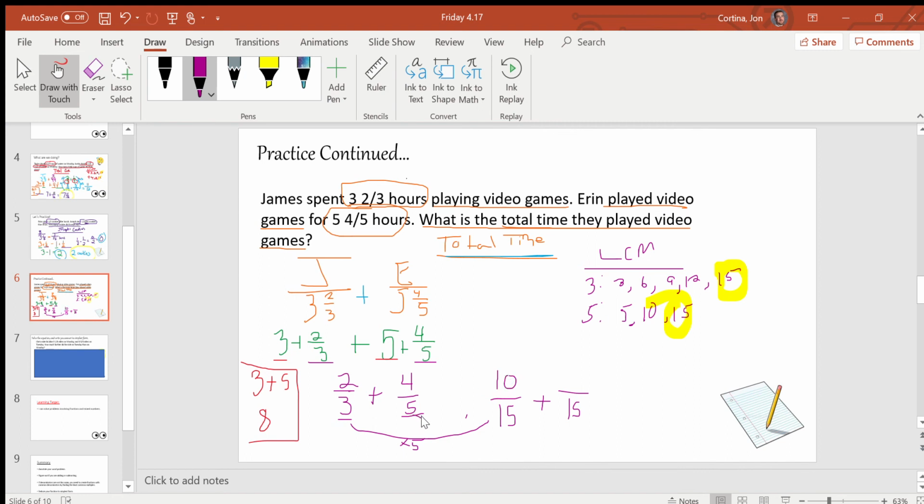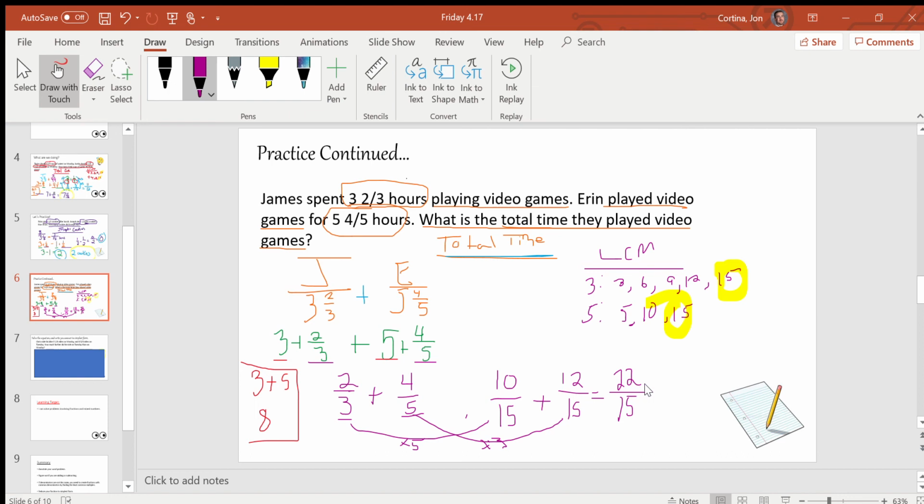How do we get from 5 to 15? Multiplied by 3, so we're going to do the same to the top. 4 times 3 gives us 12. Now that we have a common denominator, we can add across the top. 10 plus 12 gives us 22 15ths. And as you notice, we're left with an improper fraction.